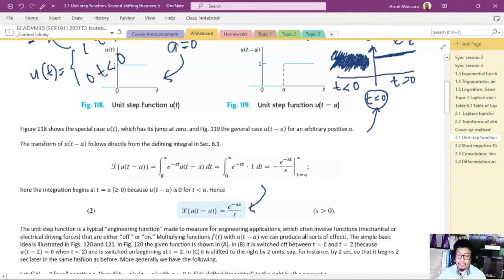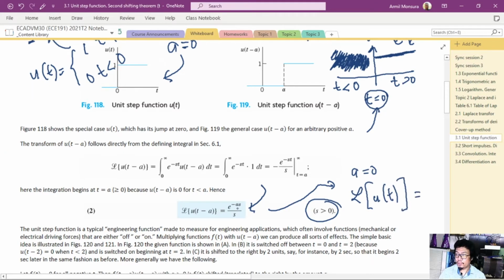The Laplace of u of t minus a is equal to e raised to negative as over s, and it assumes that your s is positive. Now, if you set a equals 0, that means we're just simply getting the Laplace transform of u of t.